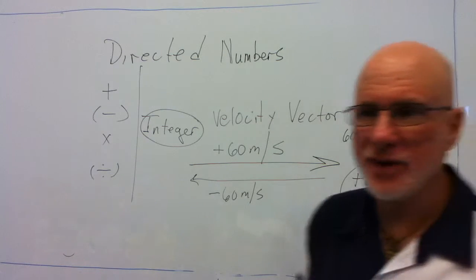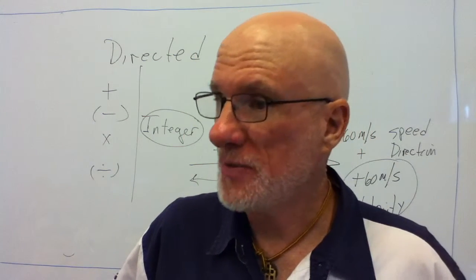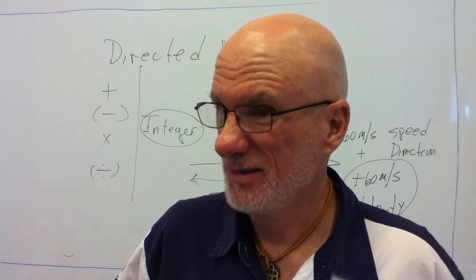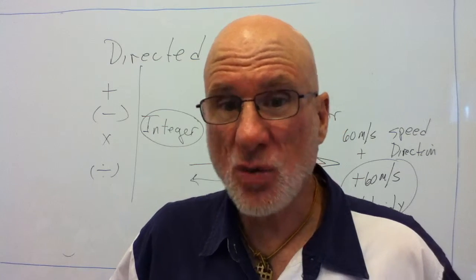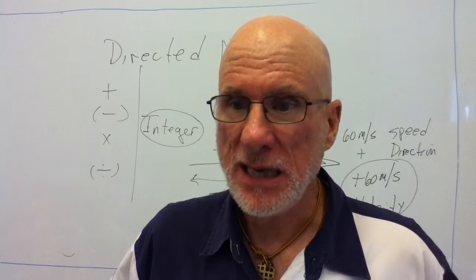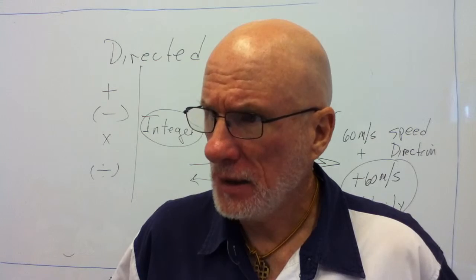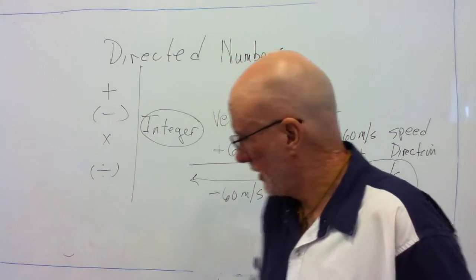So you have the opportunity to have a physics teacher who teaches math as well. So when you say directed numbers, a directed number has two things. It has a size, a magnitude, okay? It also has a direction.